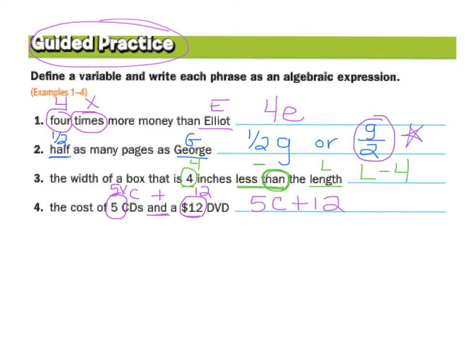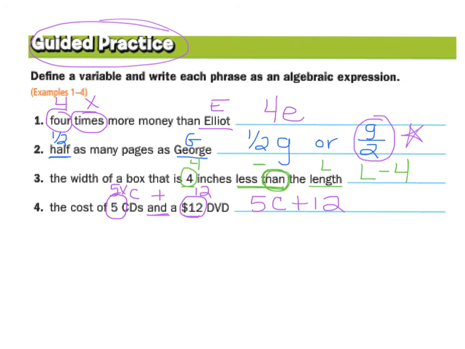But either one works. The next one, the width of the box, that is 4 inches less than, tricky word here, that means we write it in reverse, than the length. So we had less than is subtraction in the length, so we'll take the length of the box, subtract the 4 from it. So we had to write in reverse because of that than.